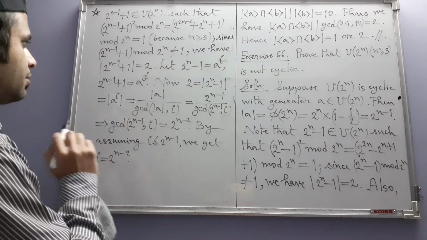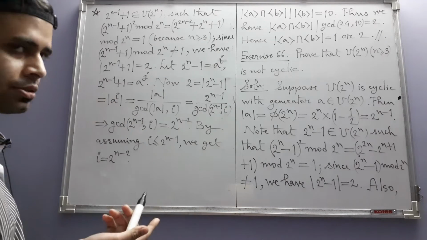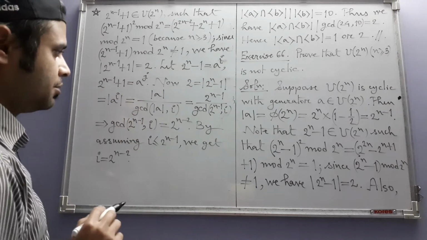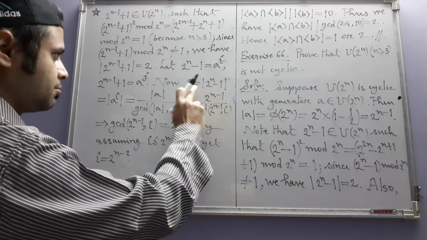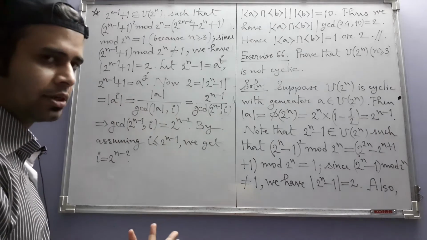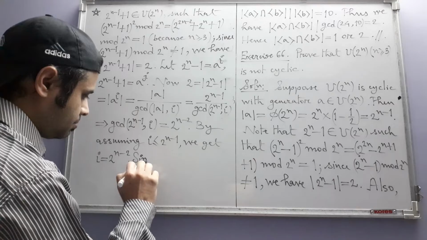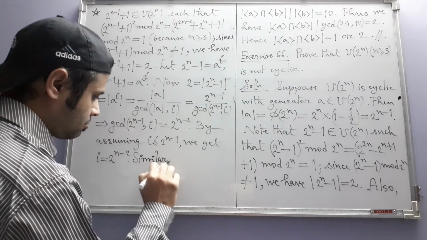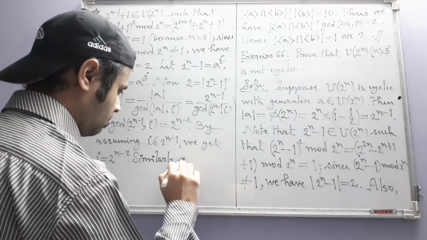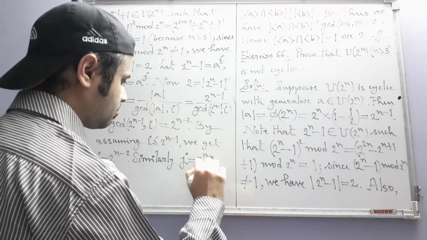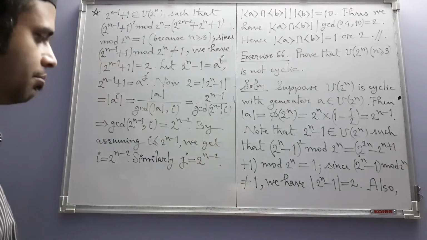But what we have done with i, we can also do with j. In spite of having a different element, nothing actually changes because we are considering the order of the element, not the element itself. Similarly, j is also equal to 2 to the power n minus 2.